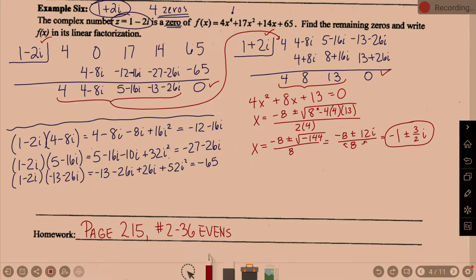So now we're ready to write an answer out. How are we asked to write this answer? Linear factorization. We'll write it out one way. We have some fractions in it, so I'm going to talk about another way as well.